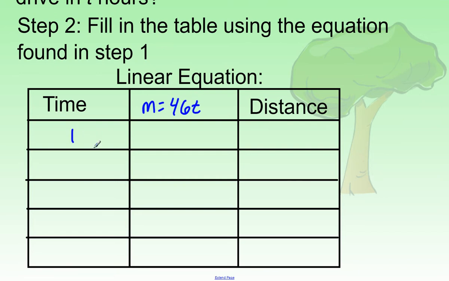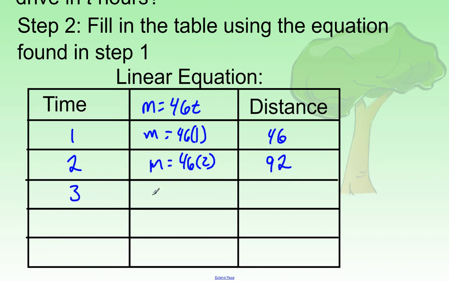So if you go 1 hour, so if your time is 1, 46 times 1 gives you your miles, which is 46. If you go 2, 46 times 2 is 92 miles. And 3, you just continue the same process. 46 times 3. We're filling out a table that's going to basically give us our graph.